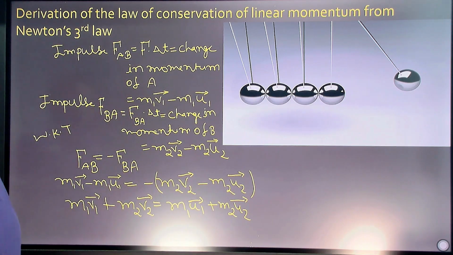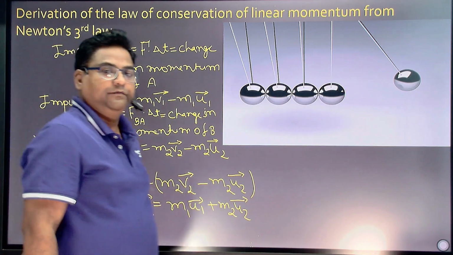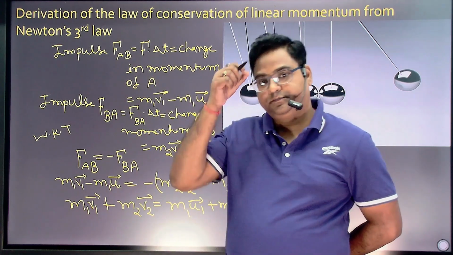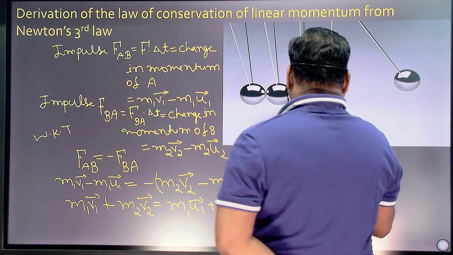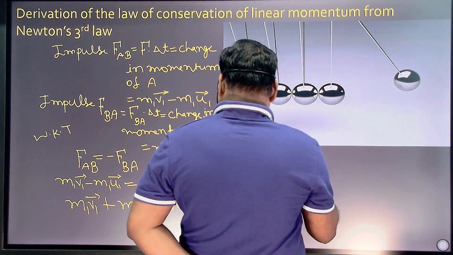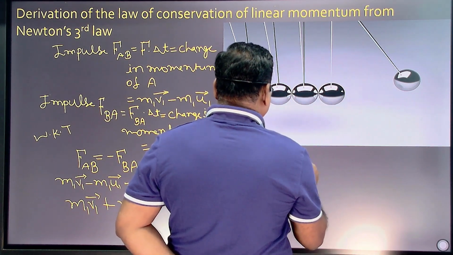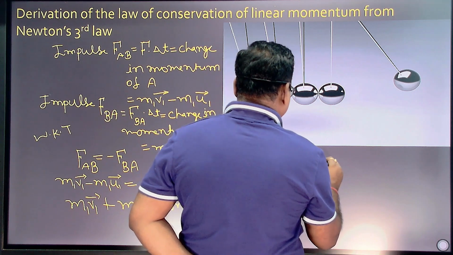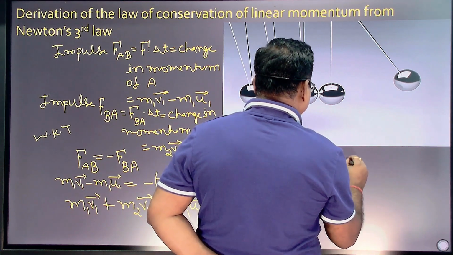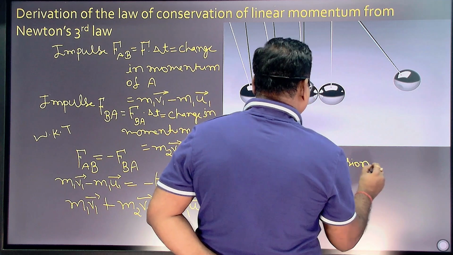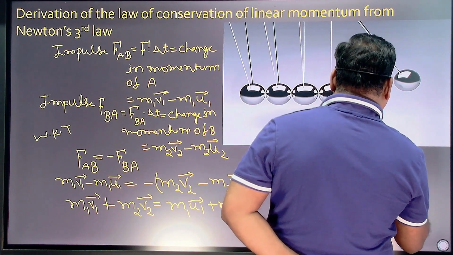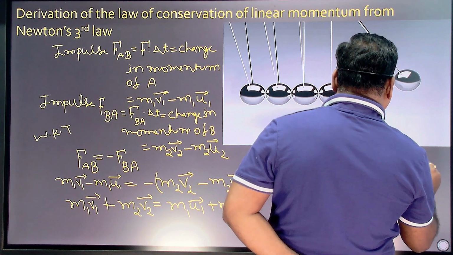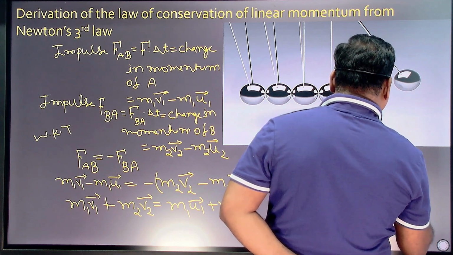Velocity is a vector quantity, so we have to write it as a vector. So the total linear momentum after collision is equal to the total linear momentum before collision.